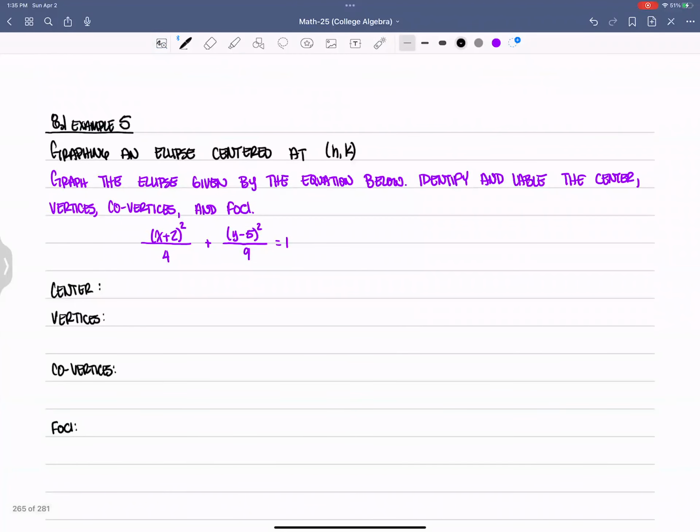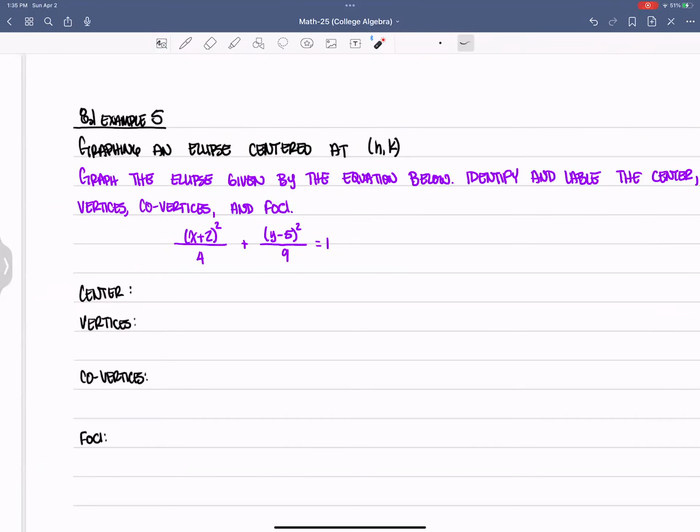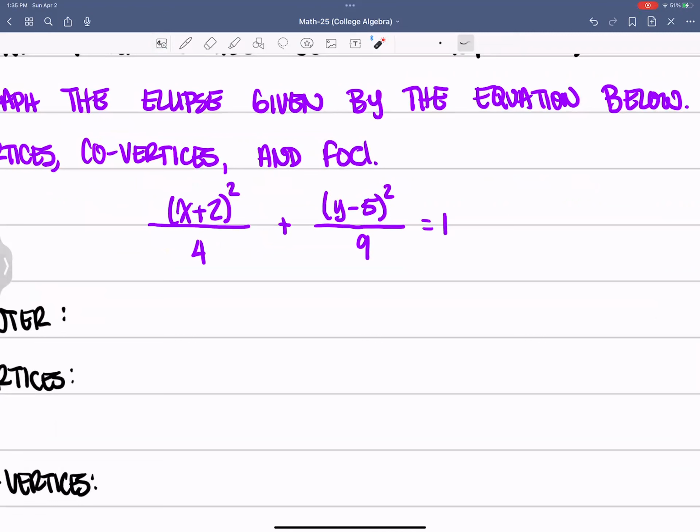All right, starting off with the center. Center, we're going to grab from these right here. So always think opposite. So opposite of +2 is going to be -2. Opposite of -5 is going to be +5.